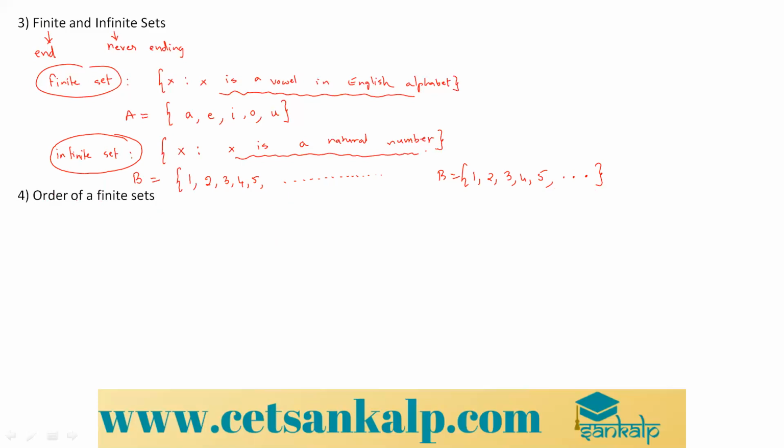Okay. The next thing you have to learn is about the order of a finite set. What do you mean by order of a finite set? The number of elements. Order means the number of elements in a set.